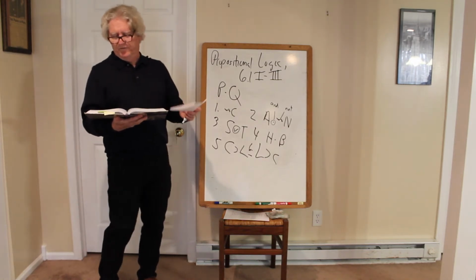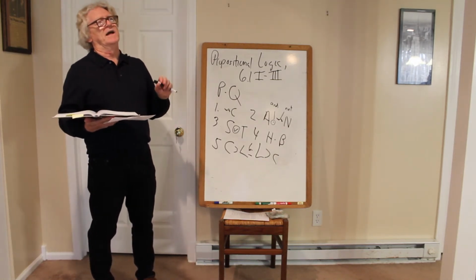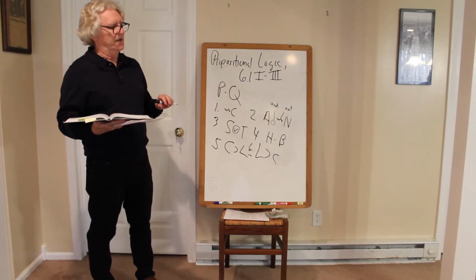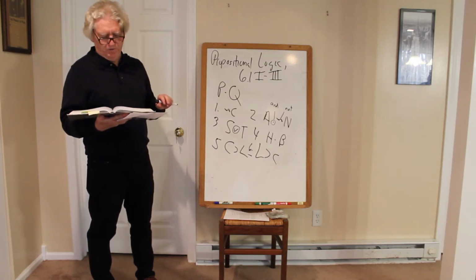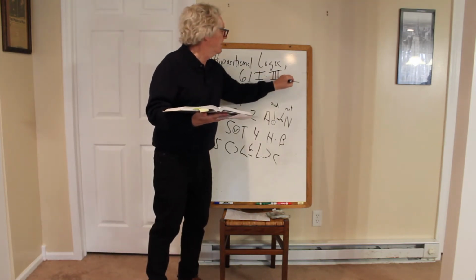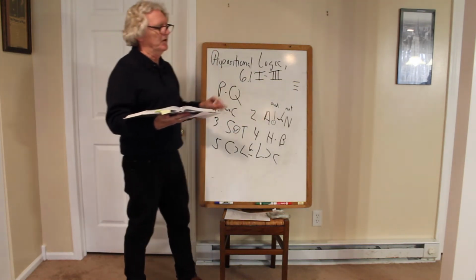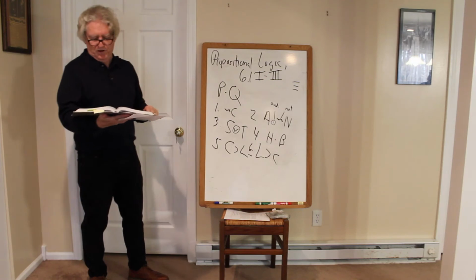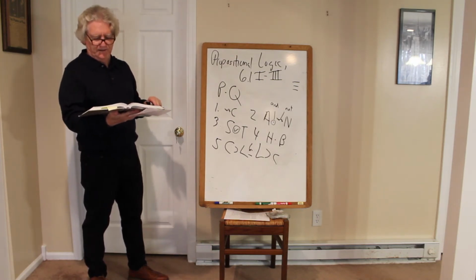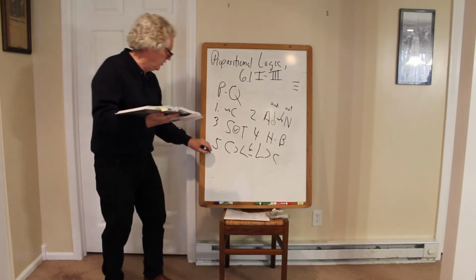Well, if and only if is a biconditional, and you'll see a different symbol for the biconditional here. It'll be like this, three lines, equivalent to. I don't have that on my typewriter, so I'm going to do something different just to get you used to what I'm going to have.